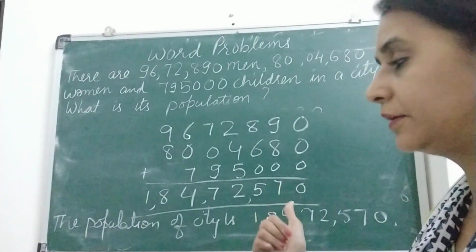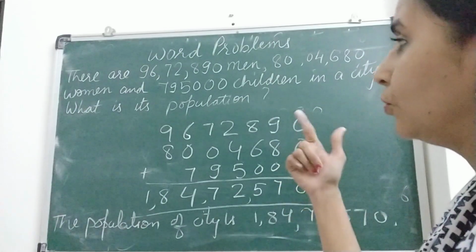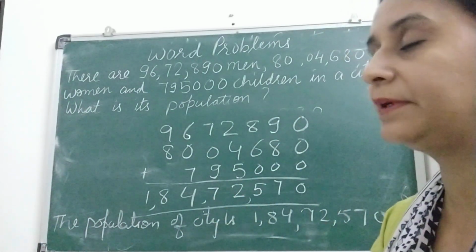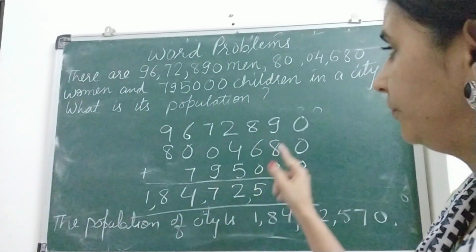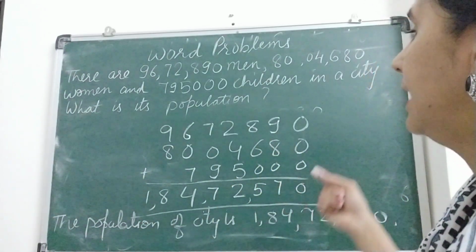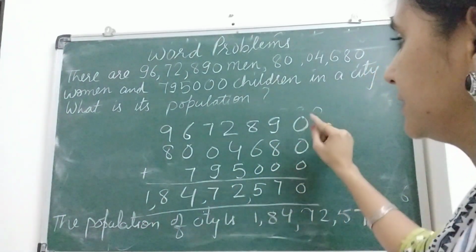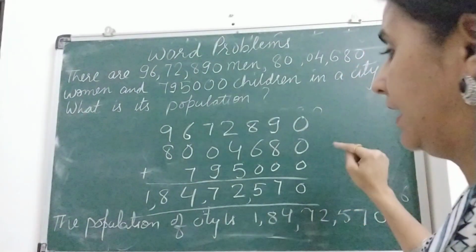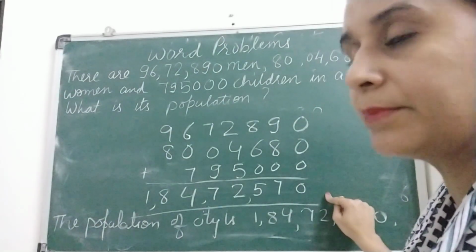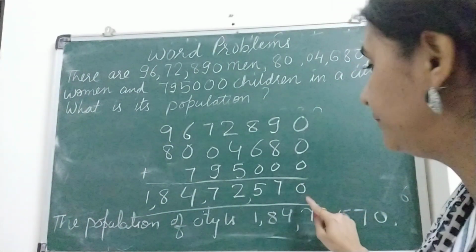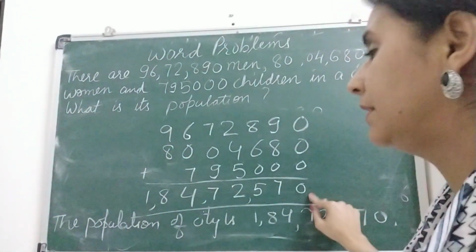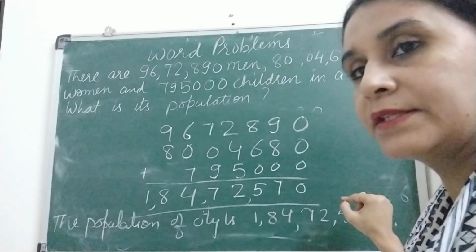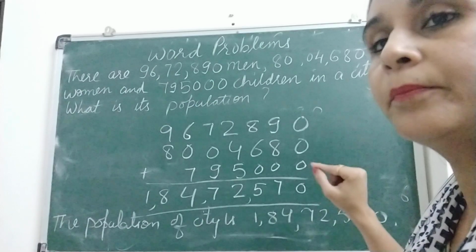Children, here we added all the numbers. Previously, we have written it in the statement form. Now, we add all these numbers: number of men, number of women, number of children. Finally, we'll get this number. When you get this number, this is your answer to your problem.